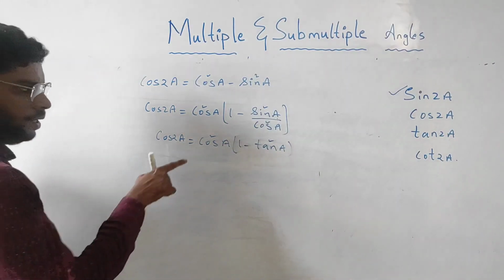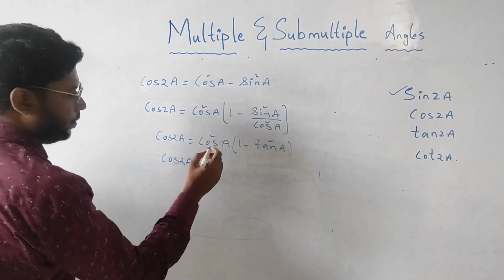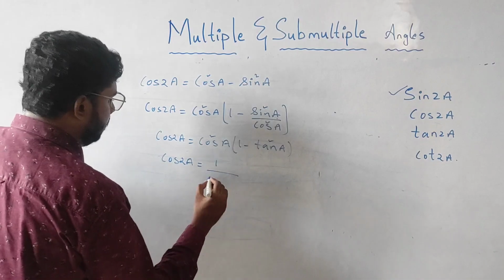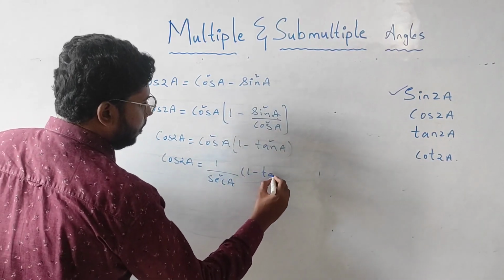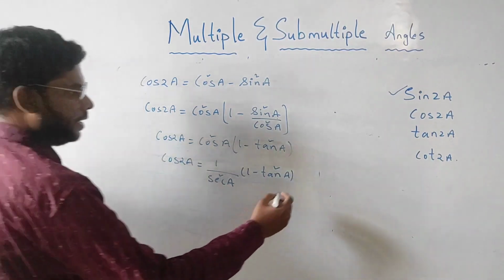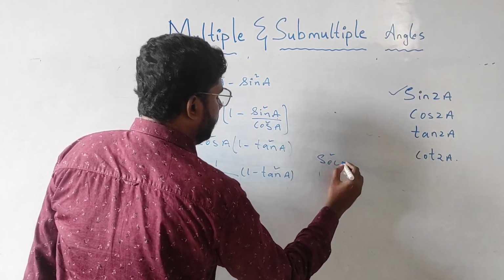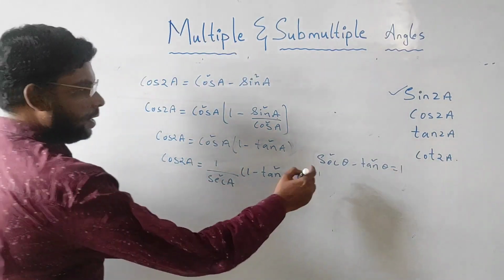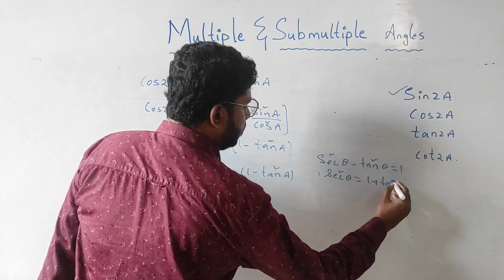Now cos square a can I write as, we know cos is the reciprocal of secant theta, so I can write 1 by secant square a, and this 1 minus tan square a as it is. Again from the same identity, that is secant square theta minus tan square theta is equal to 1, similarly I can write secant square theta equal to 1 plus tan square theta.